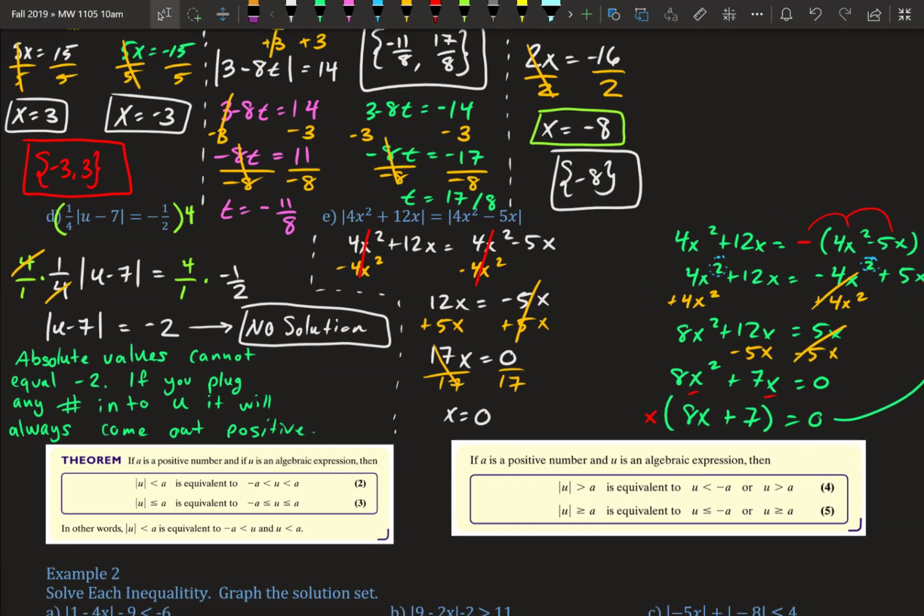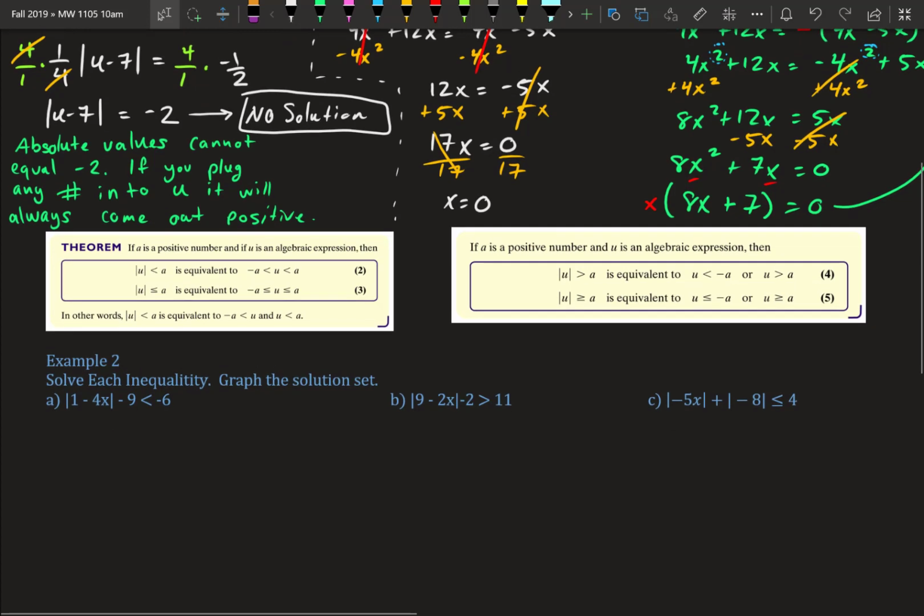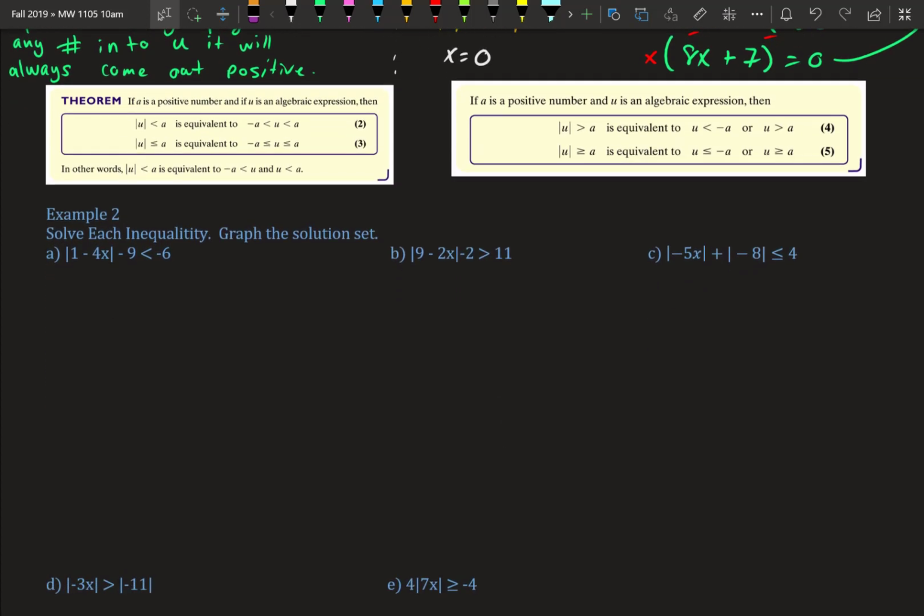Alright, now let's do this with inequalities. So remember, inequalities mean intervals.